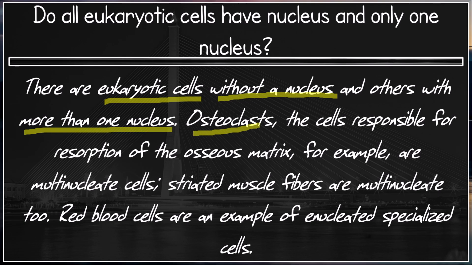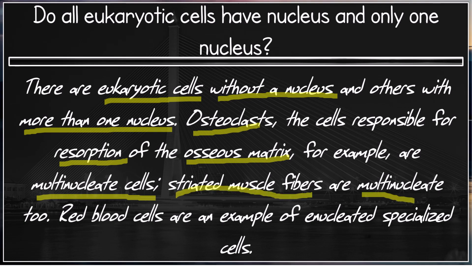Osteoclasts, which are cells responsible for resorption of the osseous matrix, for example, are multinucleate cells. Striated muscle fibers are multinucleated cells too. Red blood cells are examples of enucleated specialized cells.